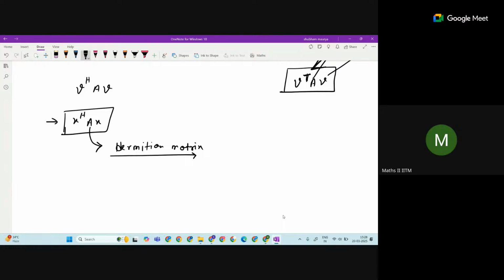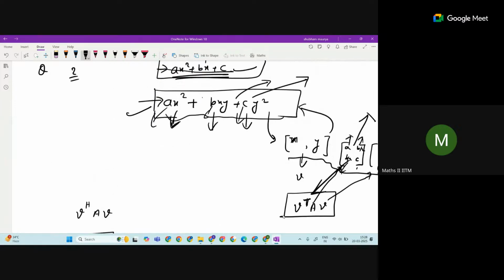Why is it so? Anyone can comment here. The reason is this matrix A. First, we are studying this one. In the real case, we first started studying this kind of function, quadratic forms, and then how it's generated.